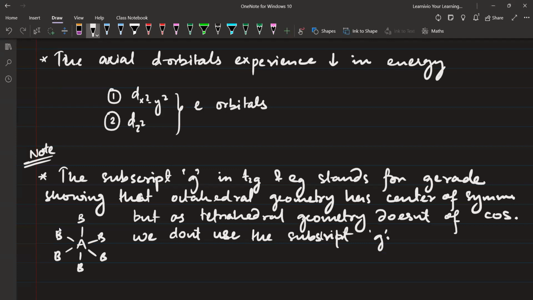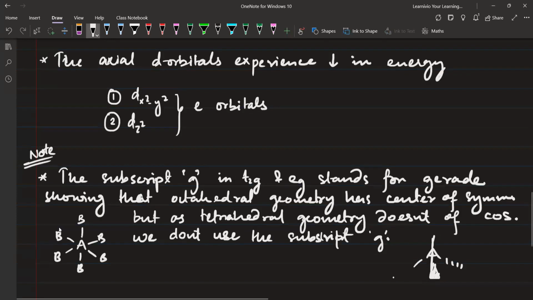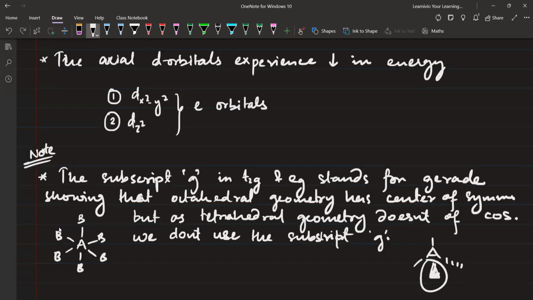If you have seen this, it is like this. A, this is in front, this is in back. So if you go upwards, you are in the same plane. If you go downwards in the same plane, you will not find anything, because this dash thing is coming forward, it is coming out of the screen.